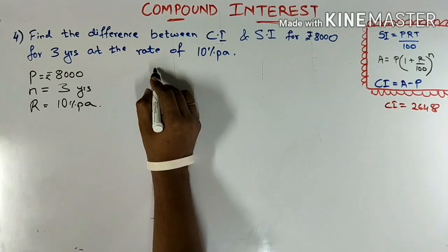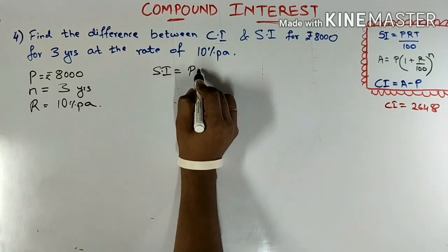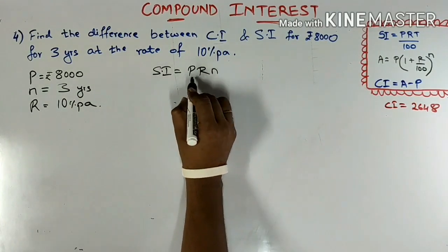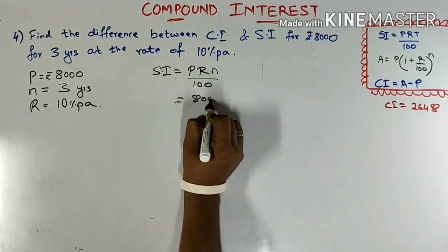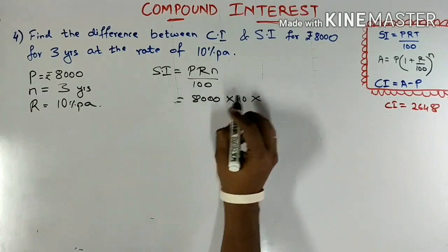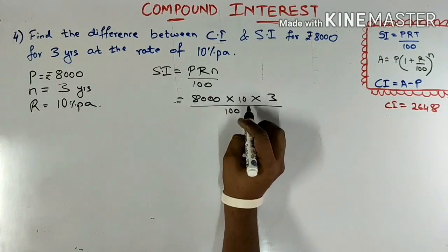Now let's find the simple interest on the same amount for same number of years at the same rate of interest. So SI, that is simple interest, is nothing but P into R into tenure we have denoted as N, so PRN upon 100, which is nothing but 8,000 into R is 10, number of years is 3, and divided by 100.